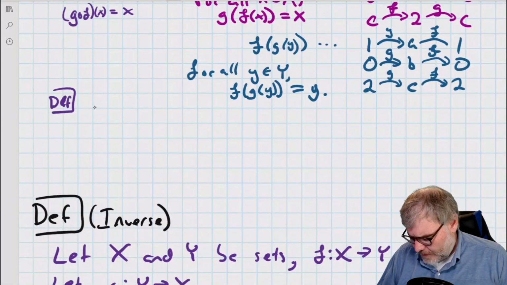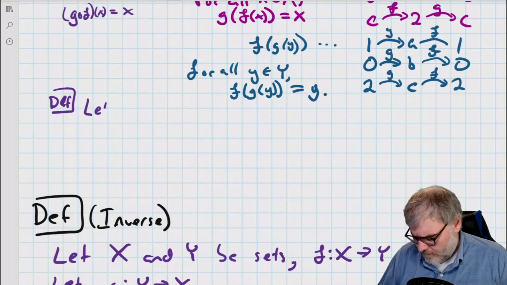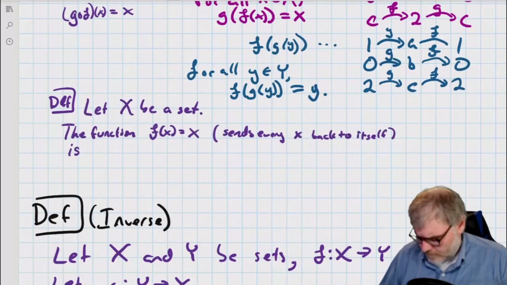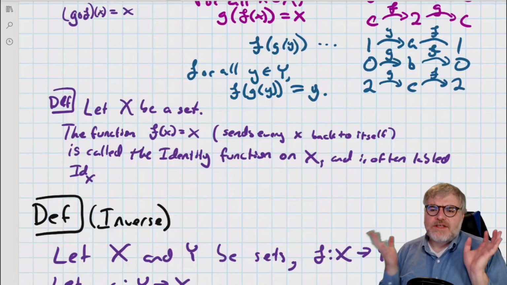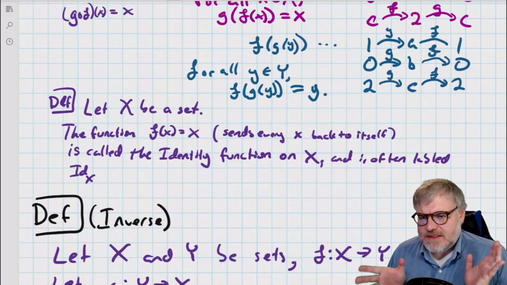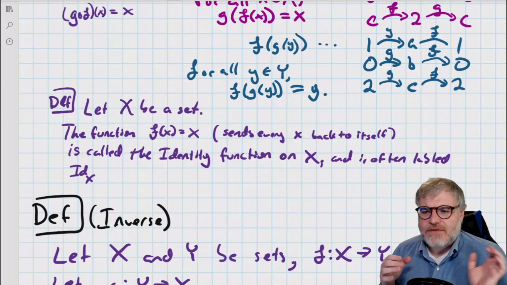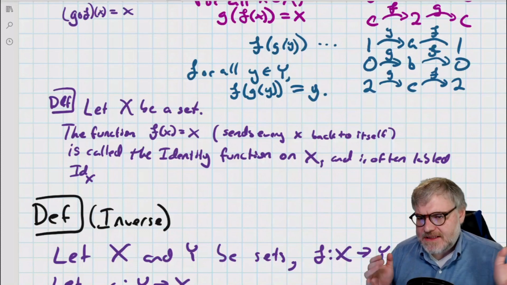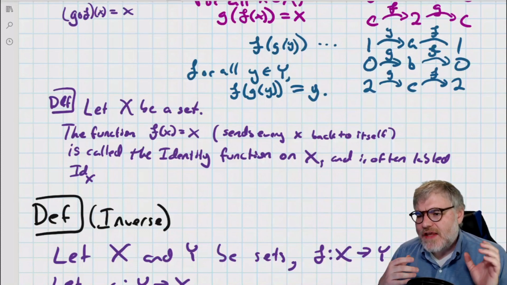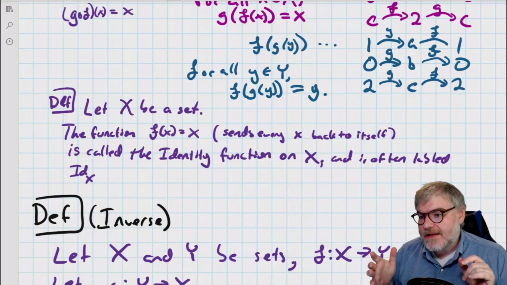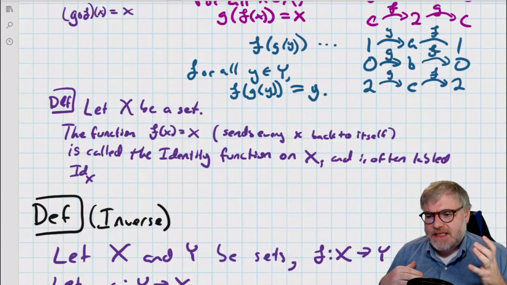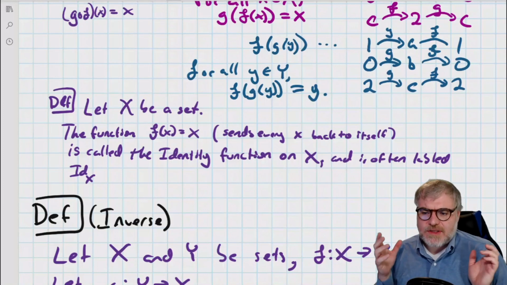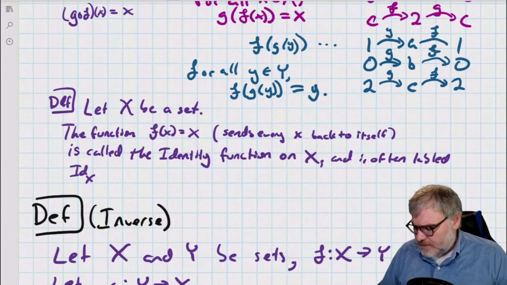So if x is just some set, we have the function f of x equals x. This is the one that sends x back to itself, and this is called the identity function on x, generally labeled id_x. The x space for this is x, and the y space is also x, and it just maps itself back to itself.